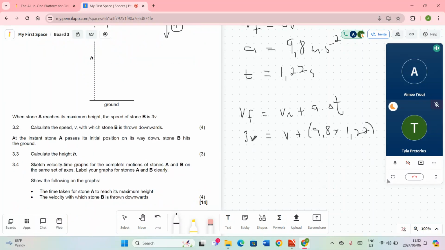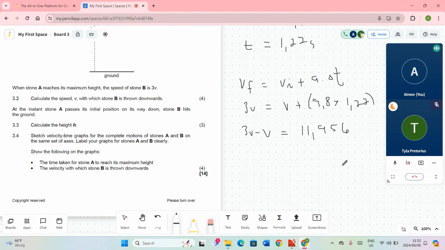Okay, this goes over, becomes a minus, so it becomes 3V minus V is equal to 9.8 times 1.22, which is 11.956. So therefore 2V is equal to 11.956.